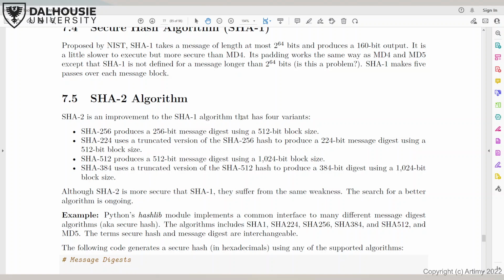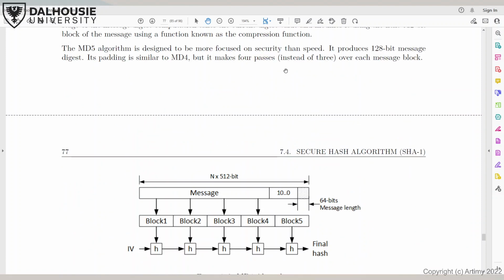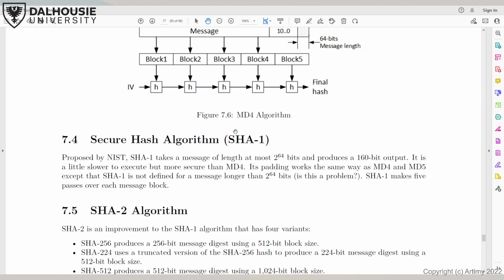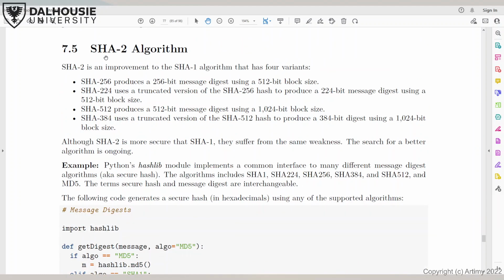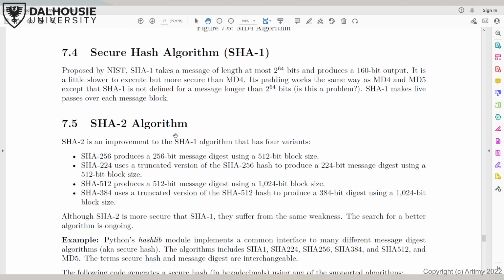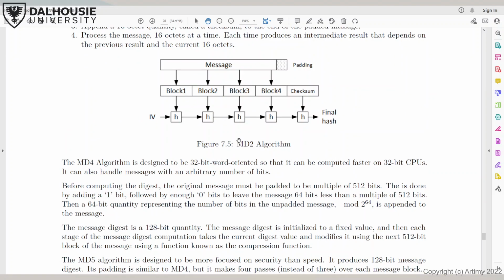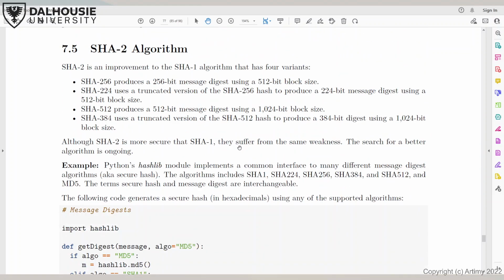And also the size of the hash itself. Each one of these has a different block size and different message size, the hash size. And also I want you to know how to do the padding for each of these.